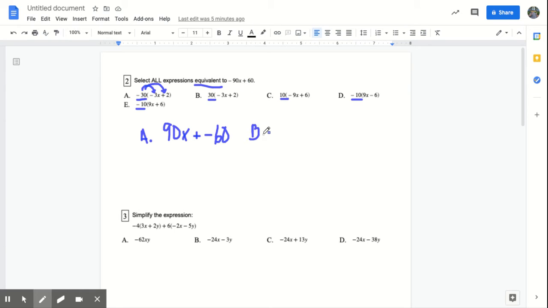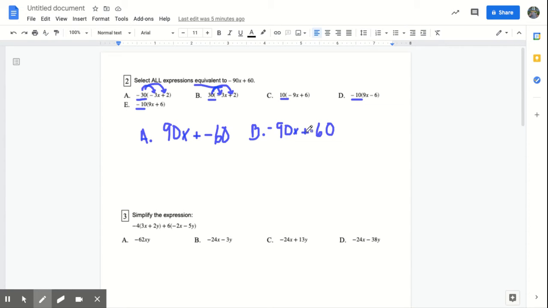Let's look at B. We'll distribute that 30 to the two numbers inside. 30 times negative 3 is negative 90, and then 30 times 2 is 60.